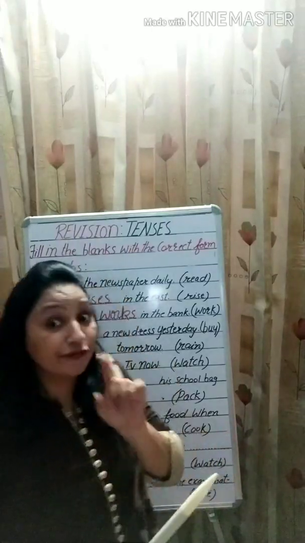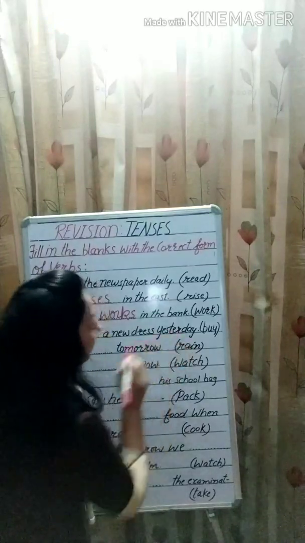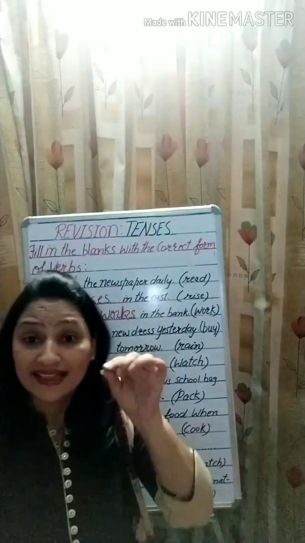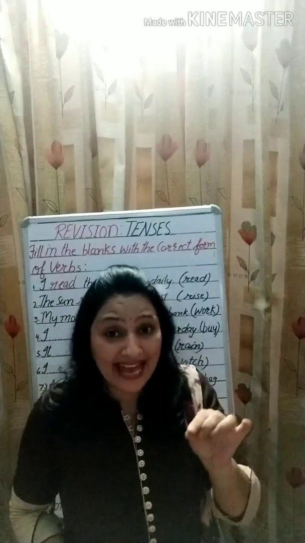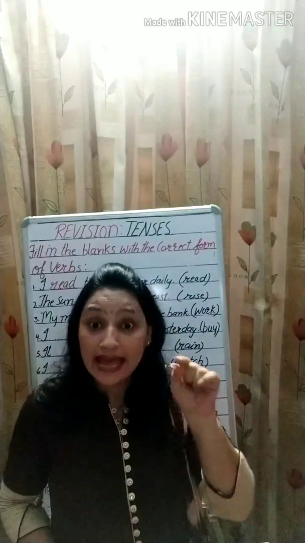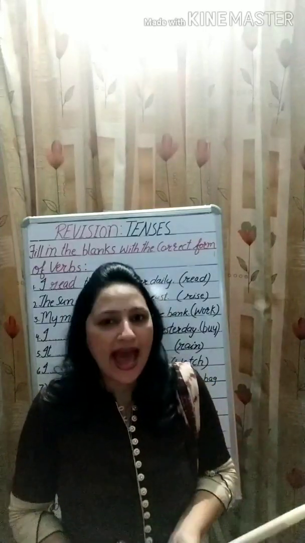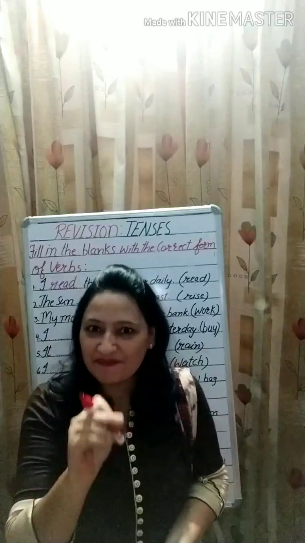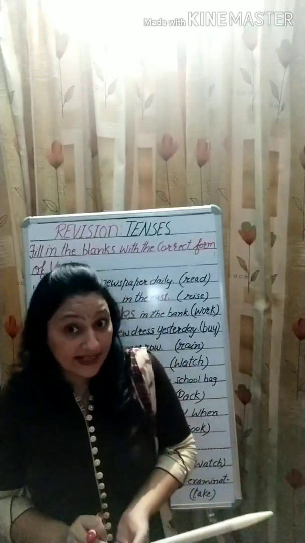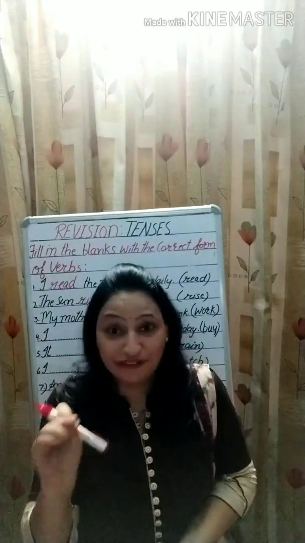Now look at the fourth sentence. "I dash a new dress yesterday." So my dear students, this sentence indicates that the action happened at a particular point of time in the past and is over now. It shows simple past tense. You already know that we use the second form of the verb.